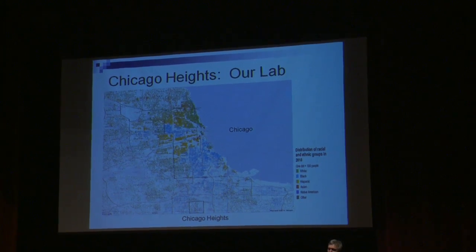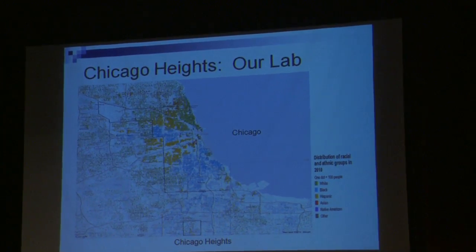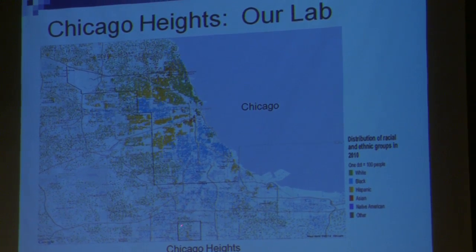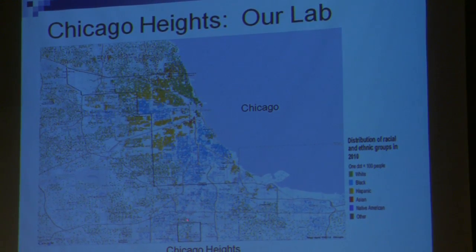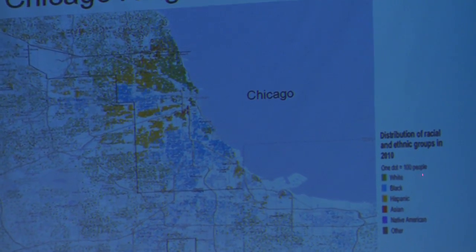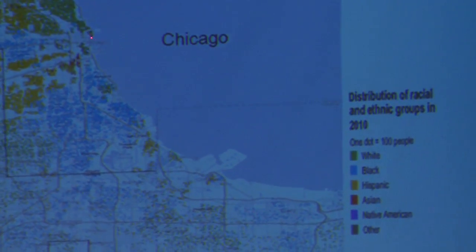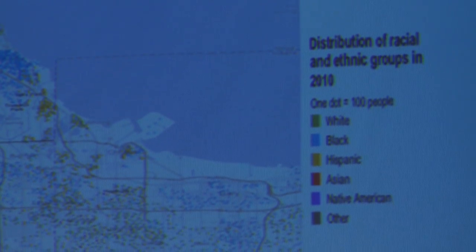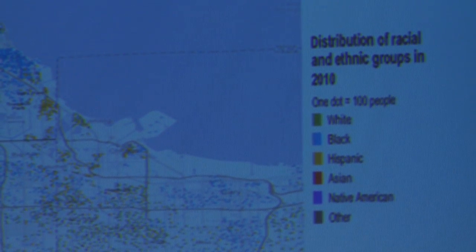It was very nice. At lunch, there was a fellow here from Chicago Heights, which was really nice. Chicago Heights, where is it? Chicago Heights is right down here, straight south of Chicago. Now, what I have here, this is sort of interesting in its own right. I have the distribution of racial and ethnic groups around Chicago, and as you can see, it's very diverse.